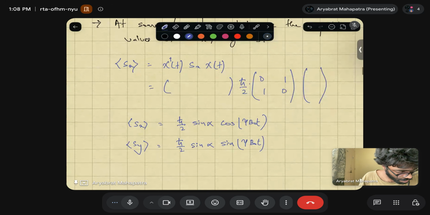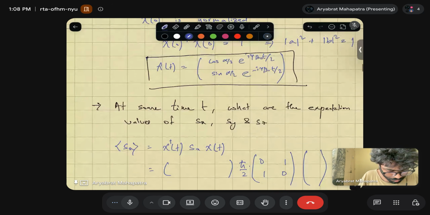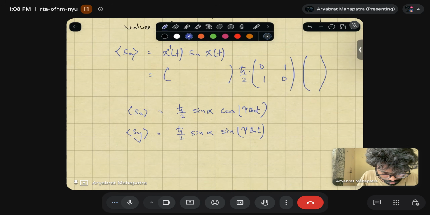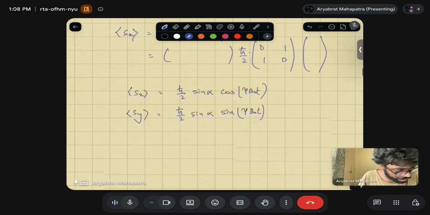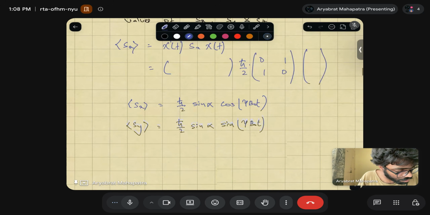Remember, this cos gamma B naught t and sine gamma B naught t are essentially coming from here.